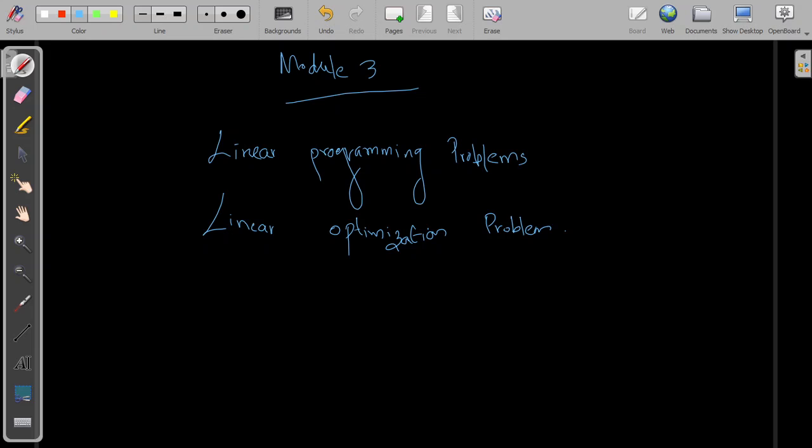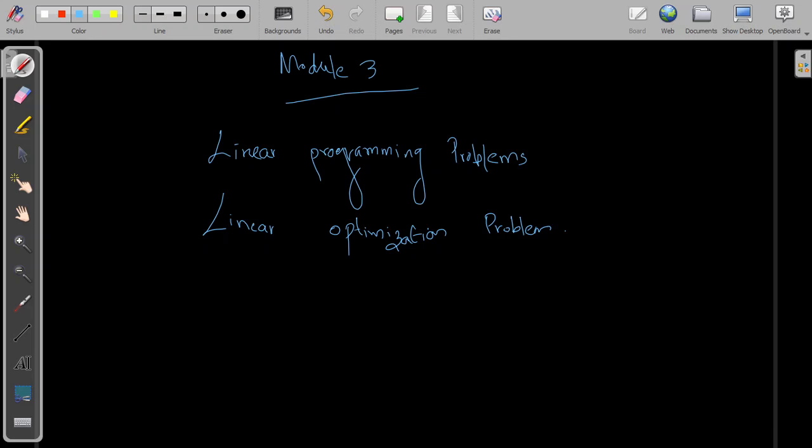So we know the nature of our objective function in a non-linear optimization problem, and also it is to be noted that there are no constraints we have discussed, because that is an unconstrained non-linear optimization problem. That is why we didn't discuss any constraints. But in this session we will discuss the linear programming problems with constraints.